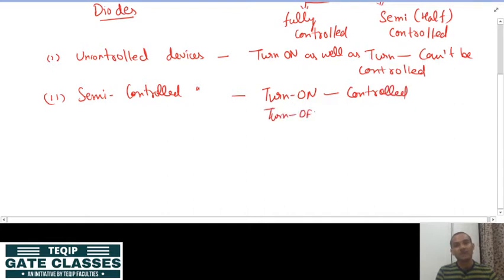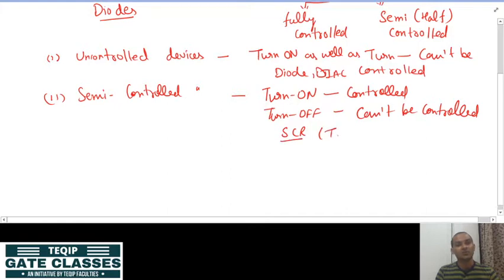You have already studied about them. Examples are the diode and diac, and the best example is the SCR, which is commonly known as thyristor. Actually, thyristor is the name of a family.